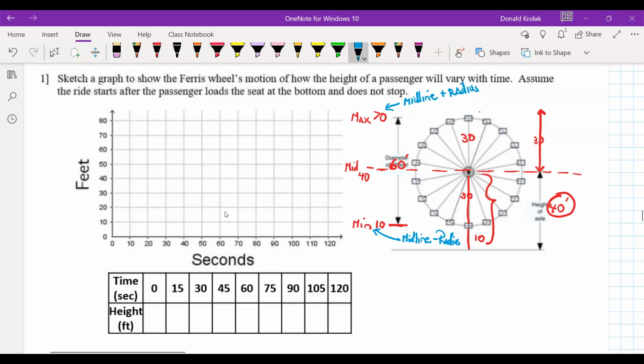So I know that this graph is going to go 30 above this line and 30 below it.